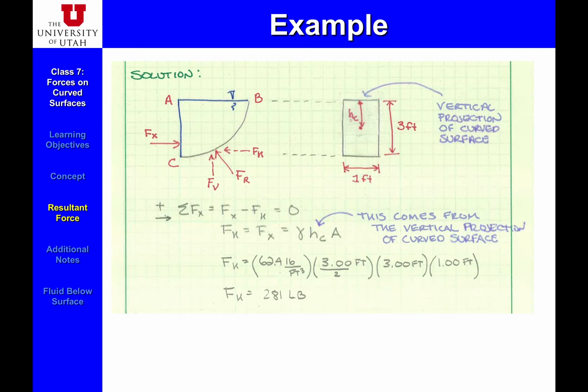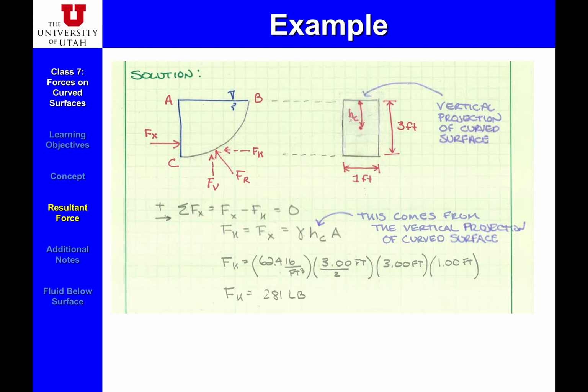There is one thing that's missing from this free body diagram. Can you guess what it is? It's weight. I forgot to label the weight of the fluid on this. So we'll need that when we look at summing the forces in the vertical direction. So you might want to make a note of that because it is something that's missing.